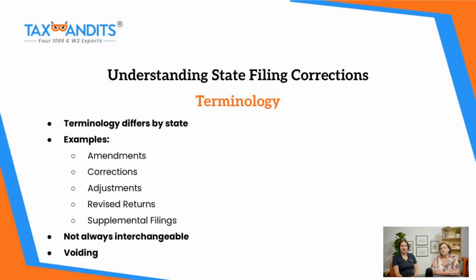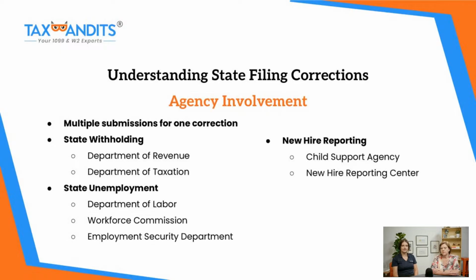So for this webinar, we'll be using the term correction just to maintain transparency so we're on the same page. But the key takeaway is that these terms are not always interchangeable and you should always follow your state's specific instructions.